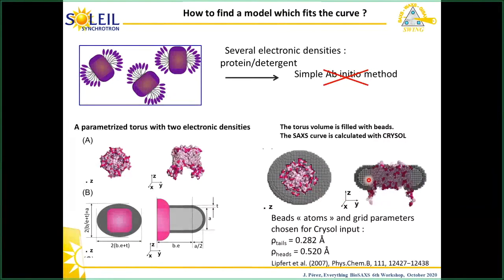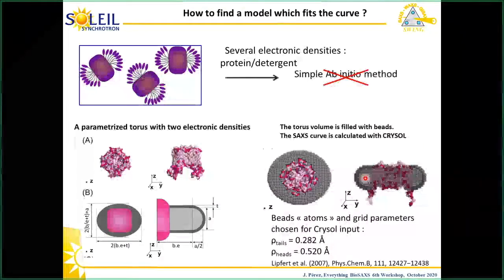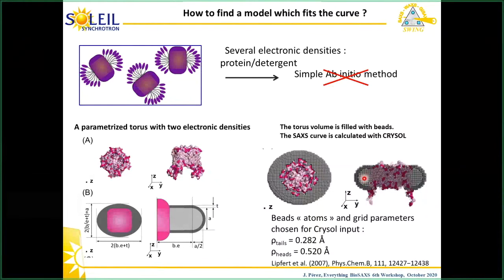And you see here that we use two kinds of different atoms from the table of Crysol. I guess you have heard about Crysol by now. So the light gray atoms are there to mimic the hydrophobic part of the corona, and the dark gray atoms are there to mimic the hydrophilic part of the corona.